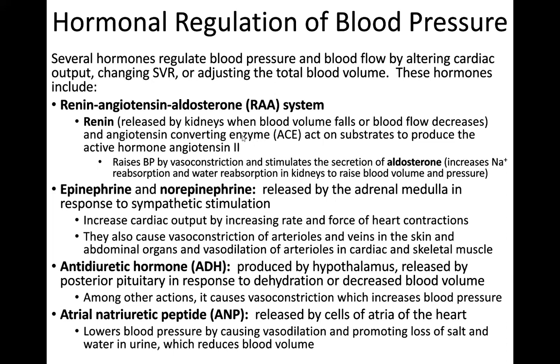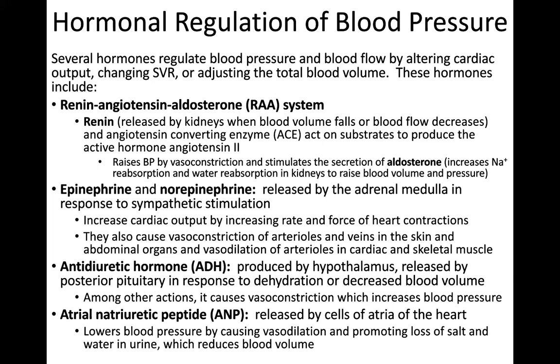Angiotensin converting enzyme, which is going to be, I believe, in the lungs, activates the hormone angiotensin 2. And then aldosterone, which is produced by our adrenal cortex. So you've got quite a few different organs going on.